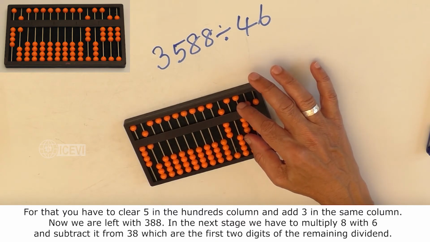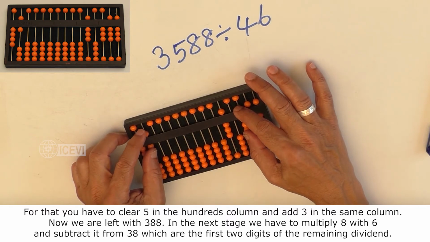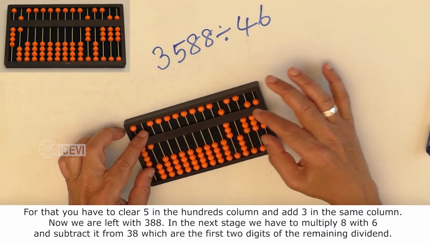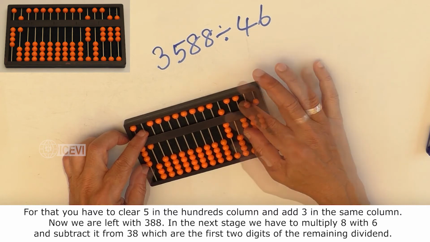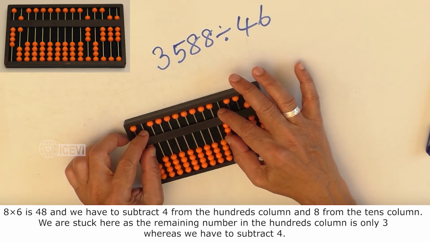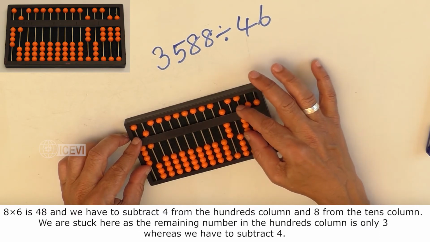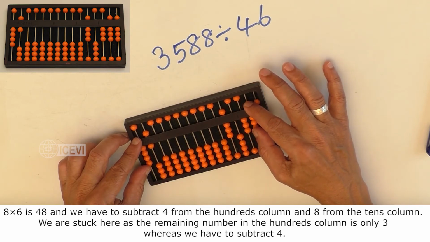388. In the next stage, we have to multiply 8 with 6 and subtract it from 38, which are the first 2 digits of the remaining dividend. 8 multiplied by 6 is 48, and we have to subtract 4 from the hundreds column and 8 from the tens column.